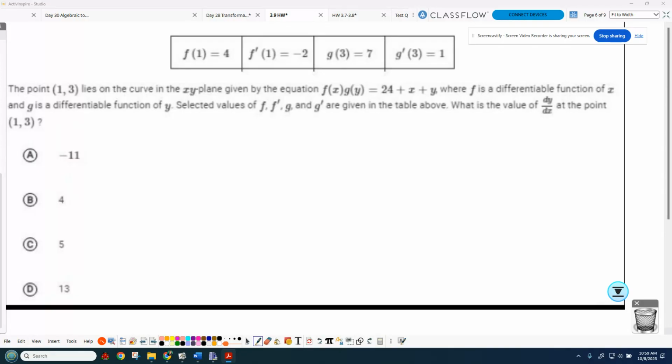Andy, where are we evaluating this? On 1, 3. Do I need both values? Yeah. Because I need f of 1, but I need g of 3. So I needed the x and the y.